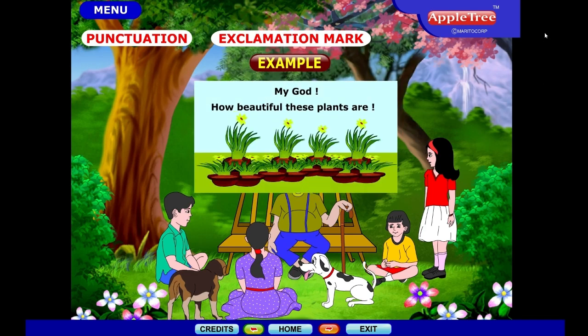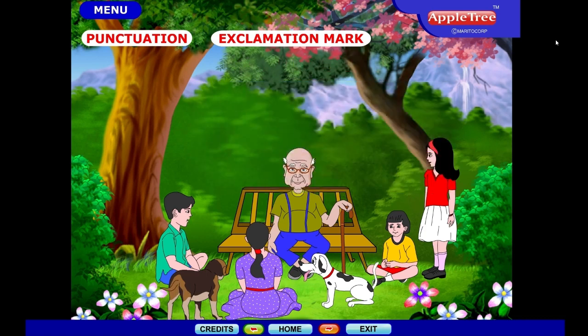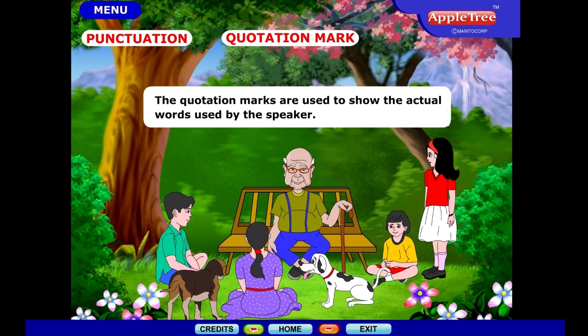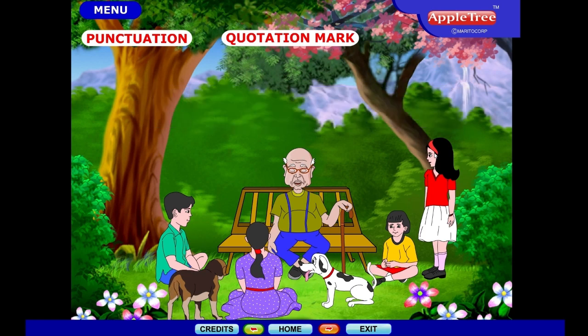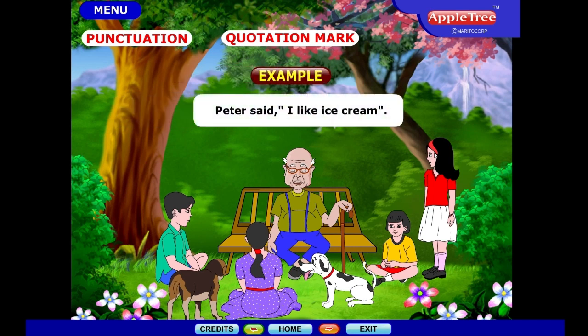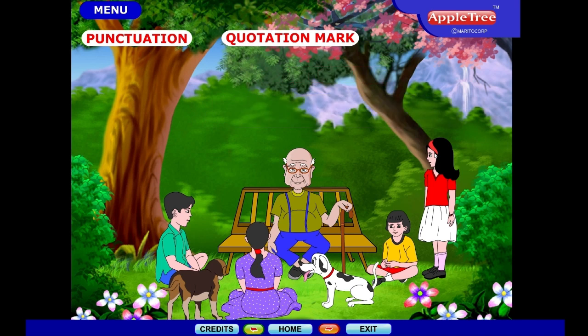Example: My God, how beautiful these plants are! The quotation marks are used to show the actual words used by the speaker. Example: Peter said, "I like ice cream." Note the quotation marks. Jenny, you tell about colons and semicolons.